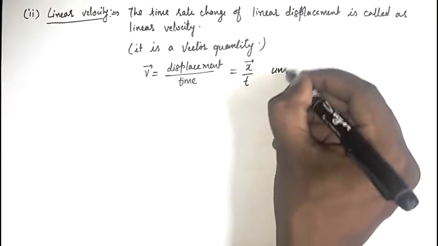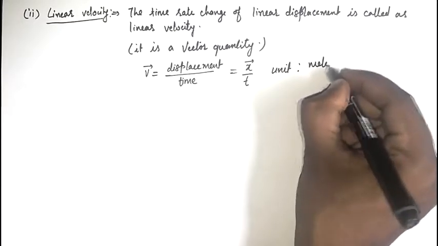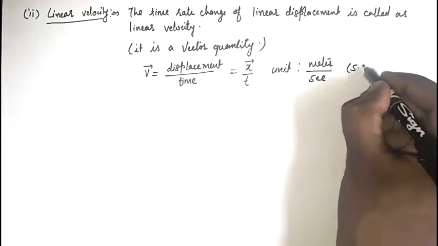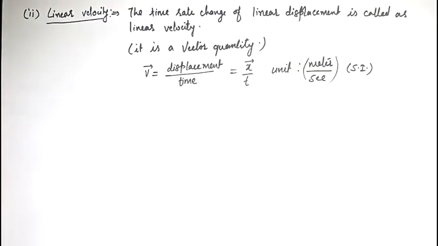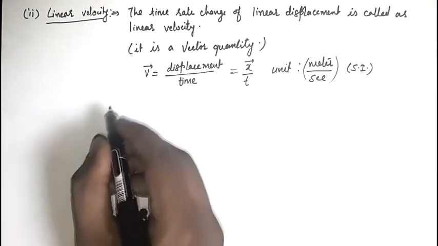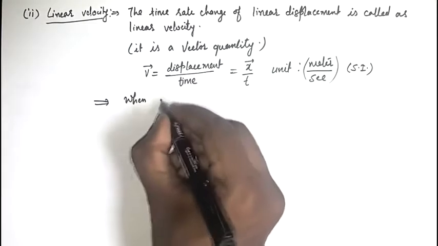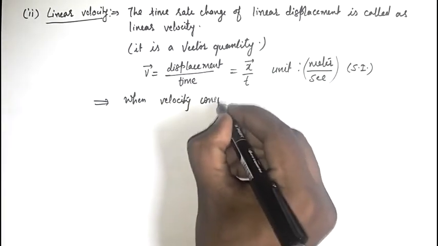Displacement can be represented by x vector and time by t. Displacement has unit meter and time has unit seconds. So the unit becomes meter per second, and again this is a system international unit, the SI unit.